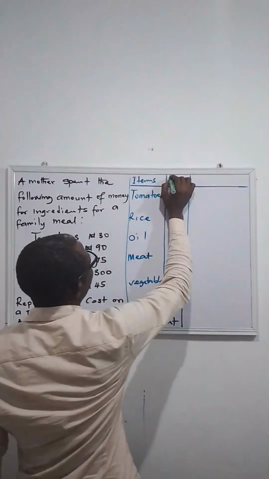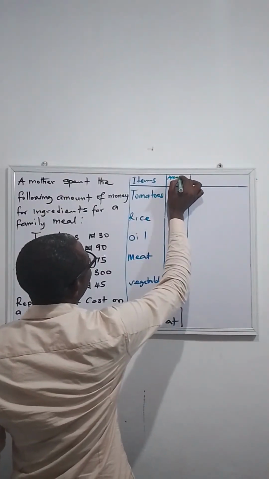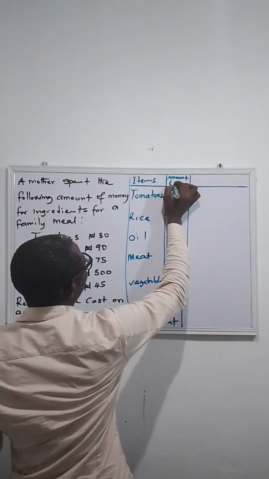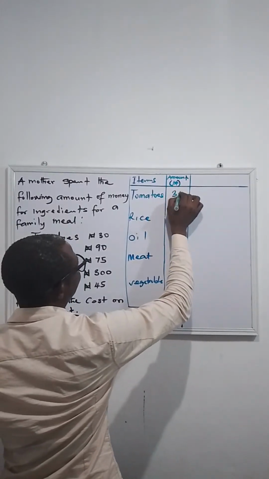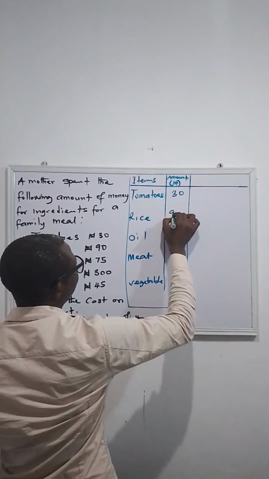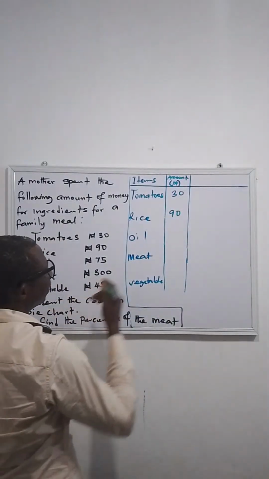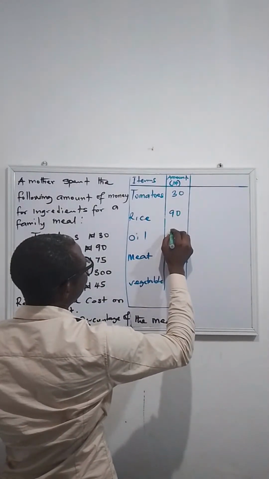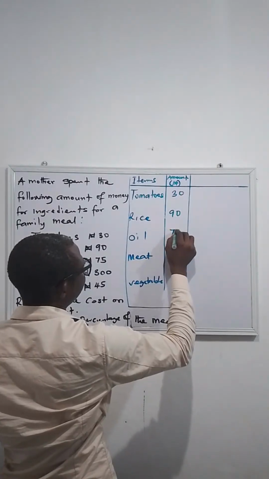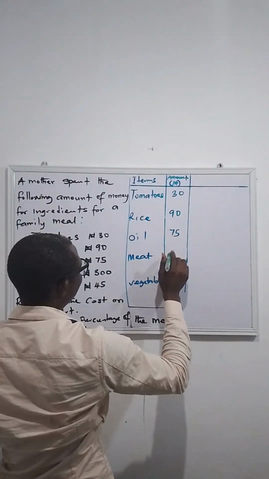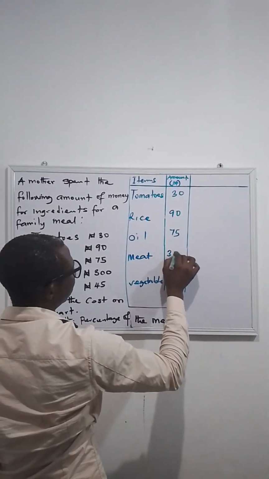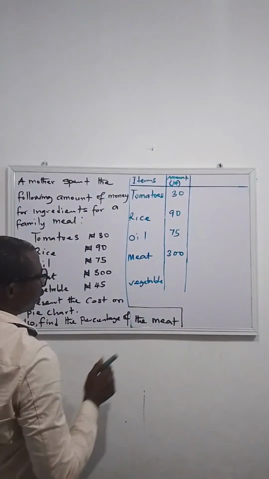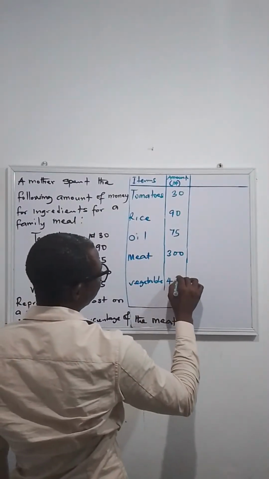Then the amount in naira. For tomato we have 30 naira. Rice is 90. Oil is 75. Meat is 300. And the vegetable is 45.